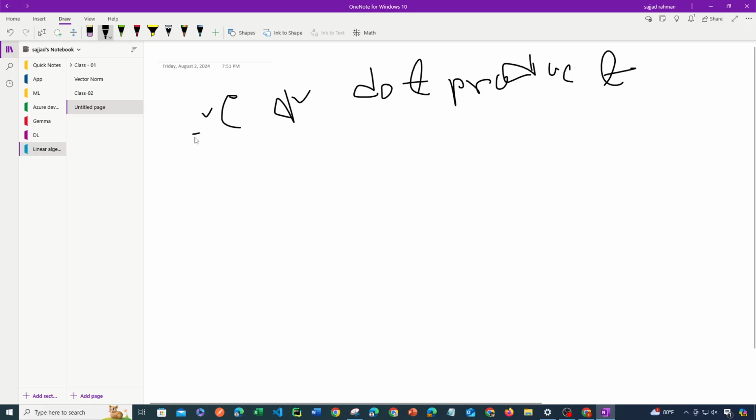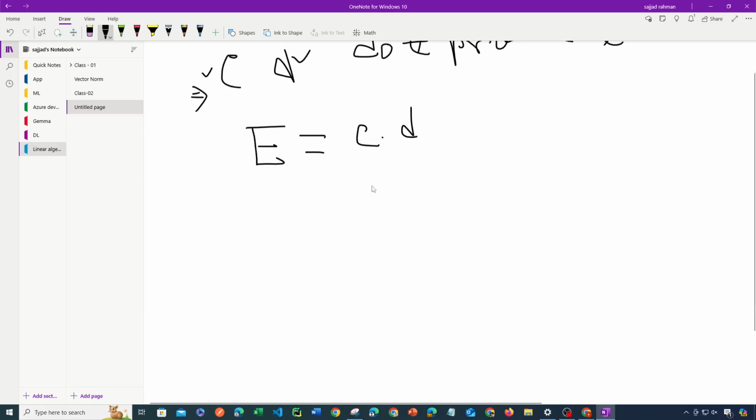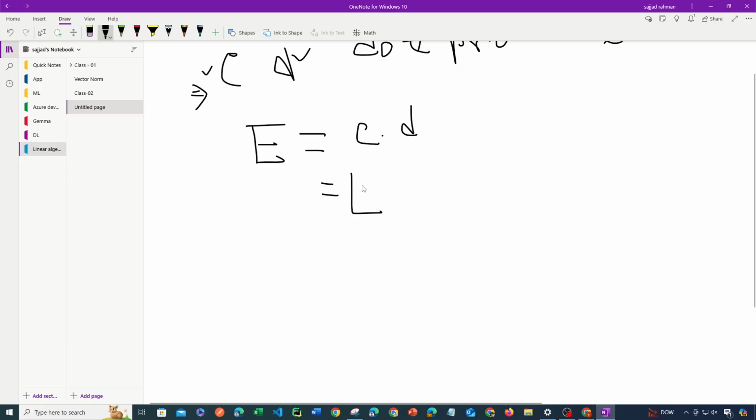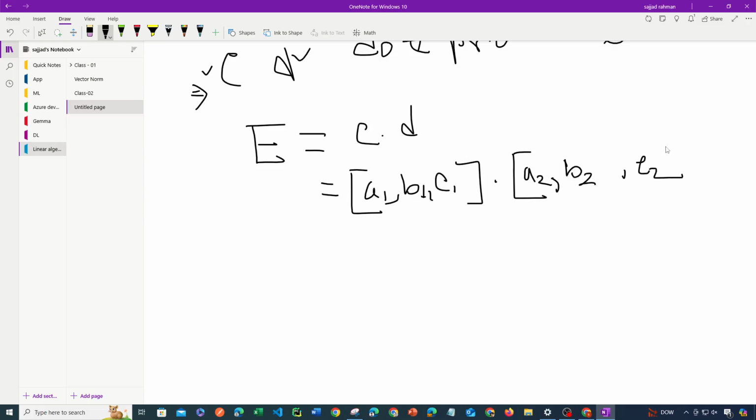So the resultant is also like this. Now assume that the vector C is like a1, b1, c1, and the other is a2, b2, c2. So how do we calculate this?